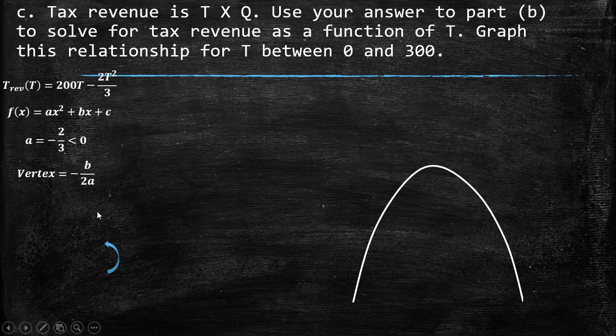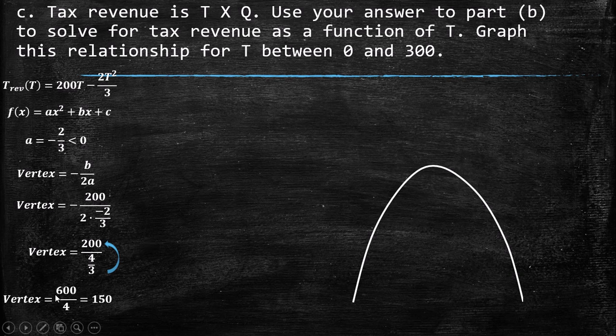Remember, this is going to be the value in x. Which is b? B is 200. Which is a? A is minus 2 over 3. So I multiply minus times minus, which is positive, and 3 times 200 is 600 over 4, which is going to be 150.